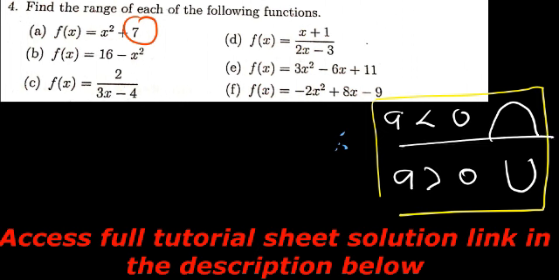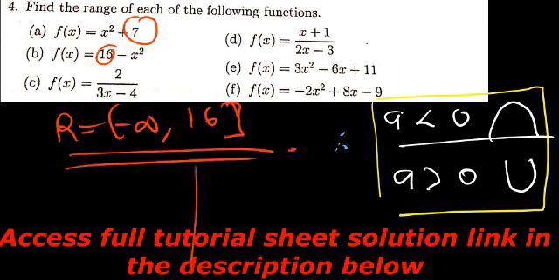Now we look at the number which doesn't have x. That is 16, meaning that it is going from positive 16 down to negative infinity, but we start with the negative side. So it is negative infinity all the way to 16. 16 at that point is going to be included. So it's like this. This is 16. The graph will curve like that.